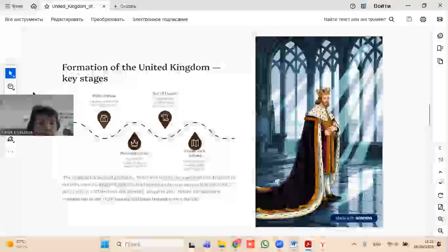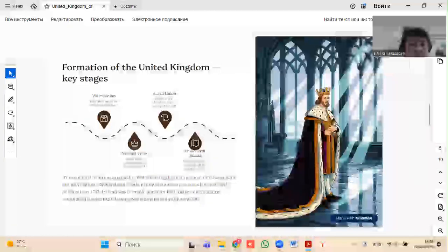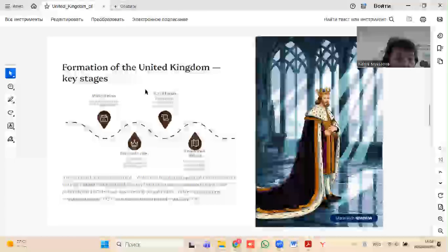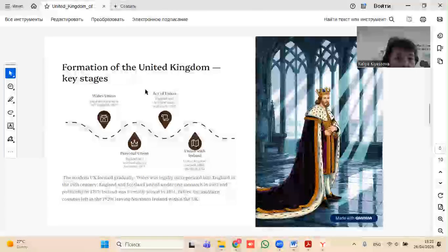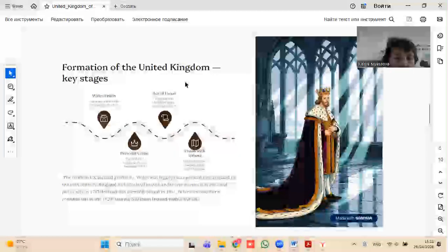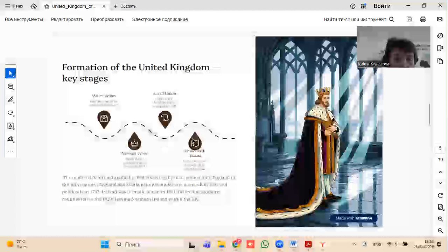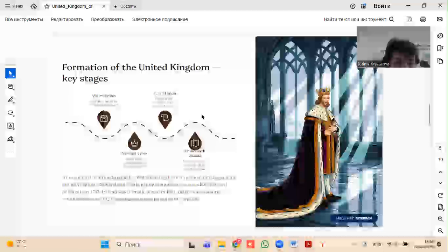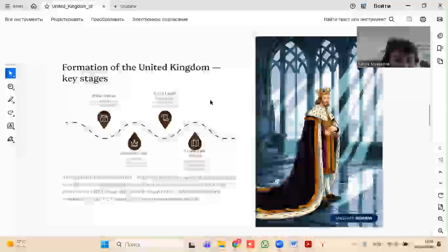Now let's look at the formation of the United Kingdom, key stages. Wales: legal incorporation into England. Union of the Crowns: England and Scotland share a monarch.